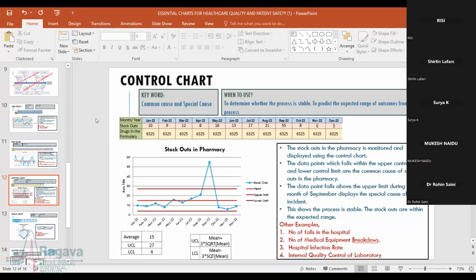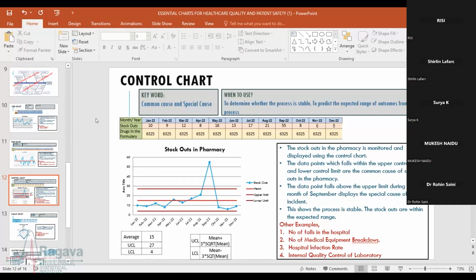That is the special cause contributing to the stockout. So we will know that for that month we have to investigate what really happened. Otherwise, when points fall between the upper limit and the lower limit, it shows the process is stable and the stockouts are within the expected and limited range.